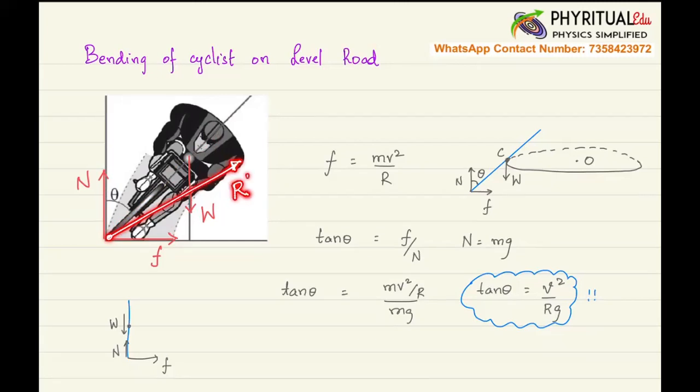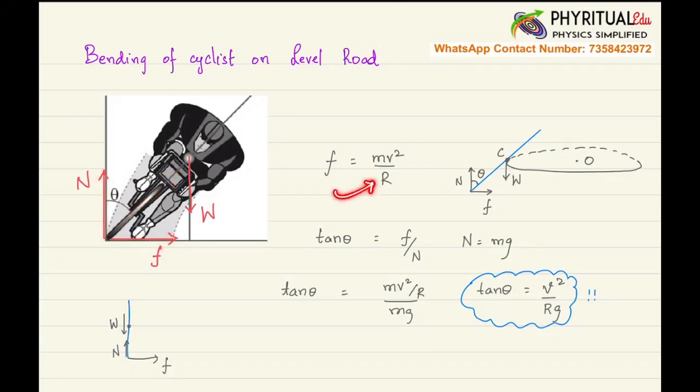Then this R dash will contribute a torque about the center of mass, again disturbing the rotational equilibrium of the cyclist. So this theta angle should be such that the resultant of N and the friction force passes through the center of mass. So that's the idea that we are going to use.